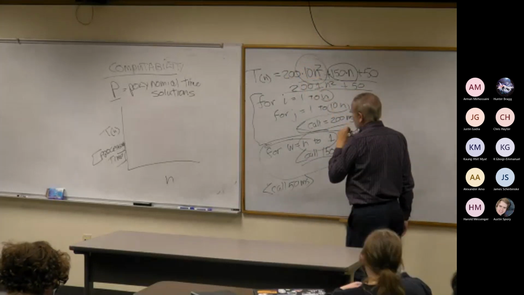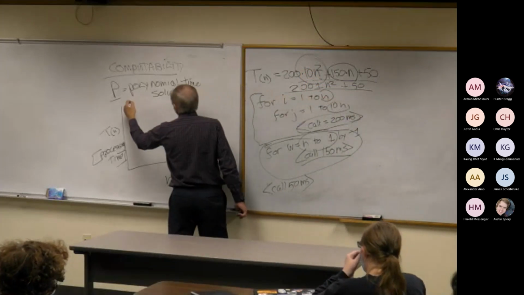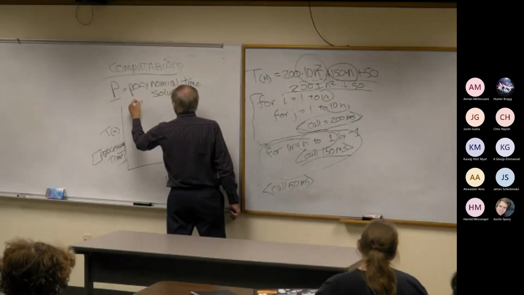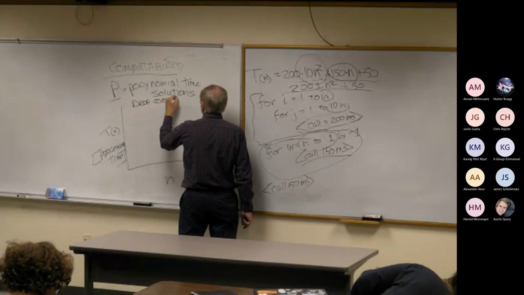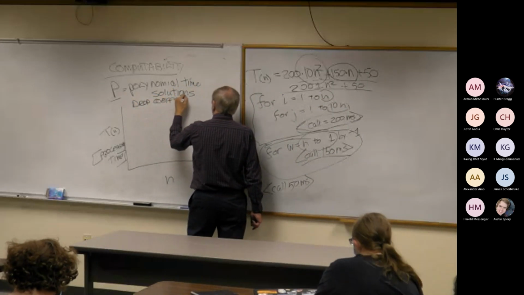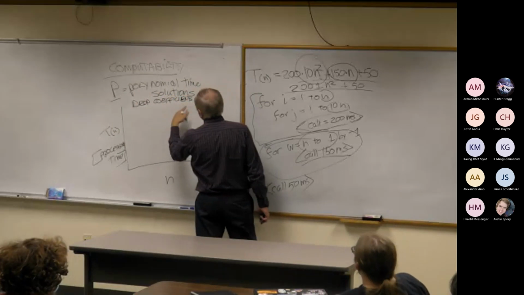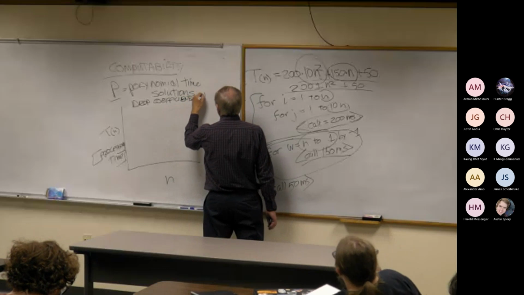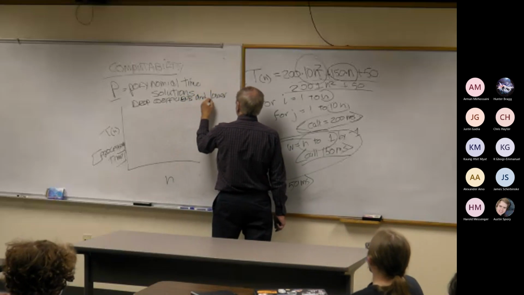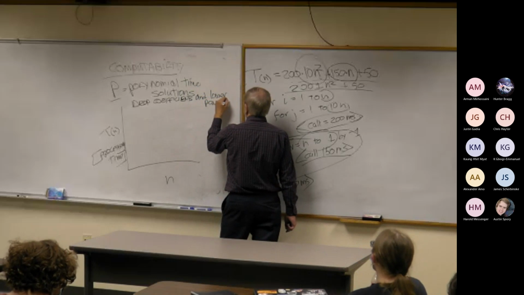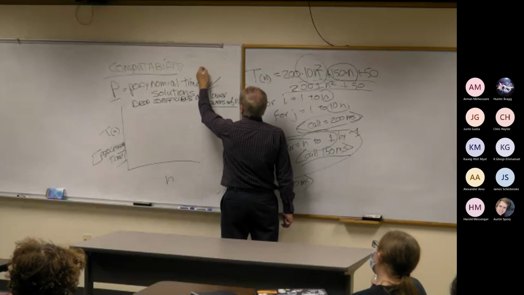So we're going to drop the coefficients and lower powers of n. And that's going to be our big O notation.